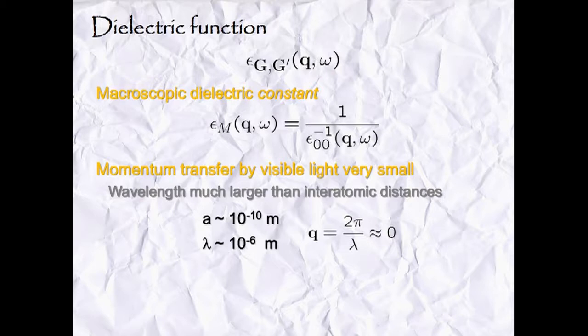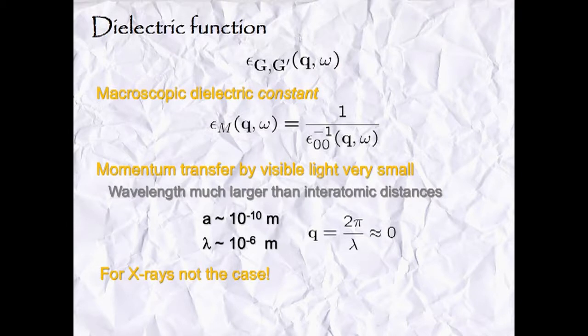Lattice spacing is in the order of an angstrom, but the wavelength is 4 orders of magnitude larger. So if you take the inverse of lambda, which gives you the momentum, it can be considered basically 0.